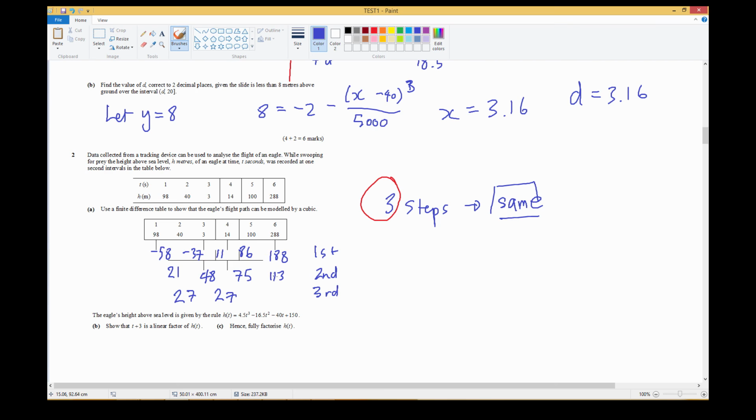This should be 112, not 113. That's 112, and then we get 27. So they're all the same. That means it's a third order function. It must be a cubic.